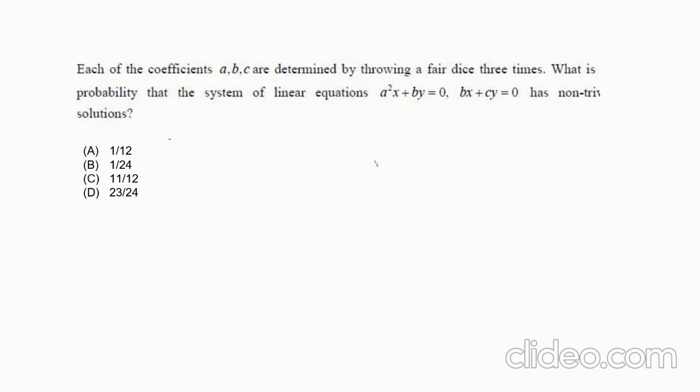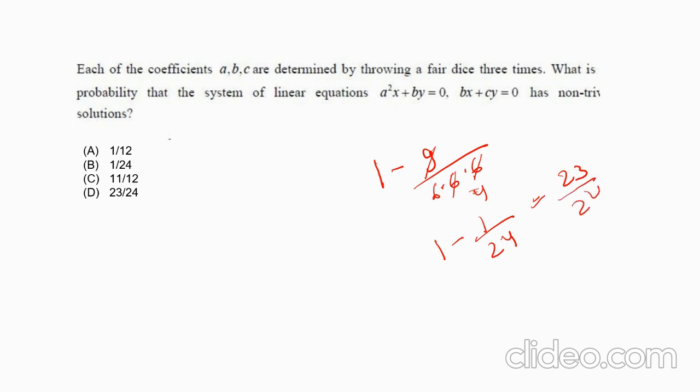Okay. So what we have is that 1 minus 9 by 6 times 6 times 6. So it will be 24, and it will be 1 minus 1 upon 24. So it will be 23 upon 24.